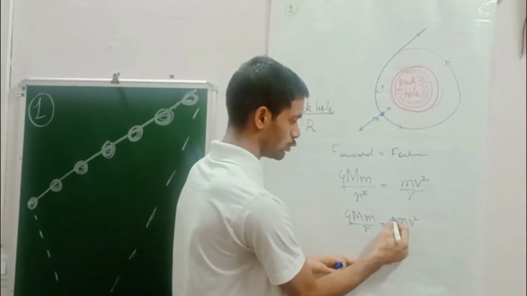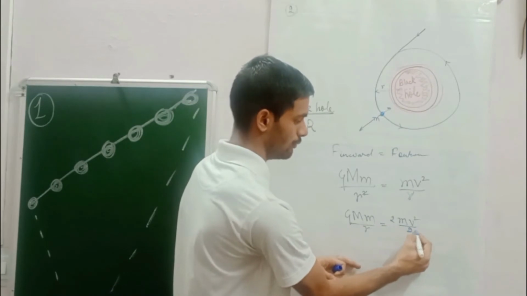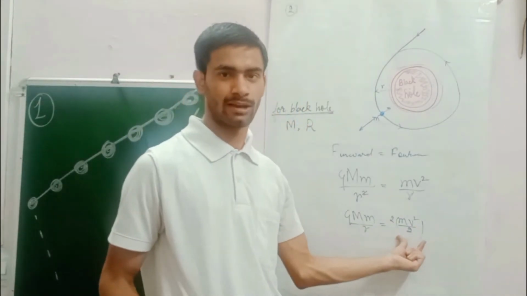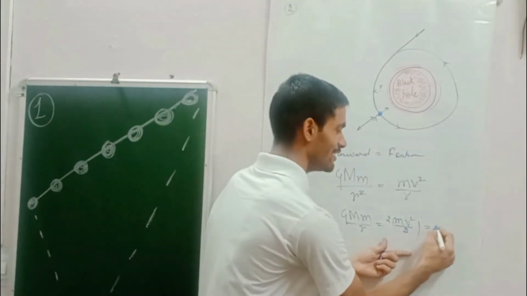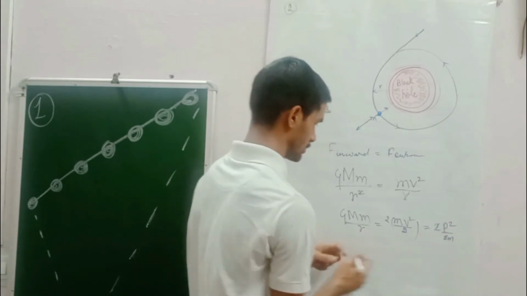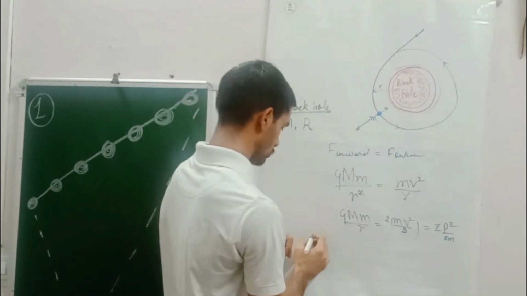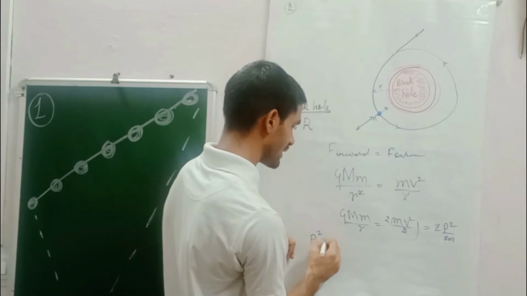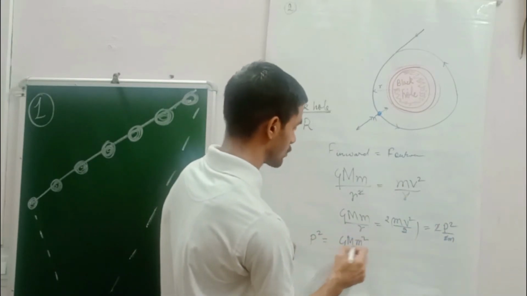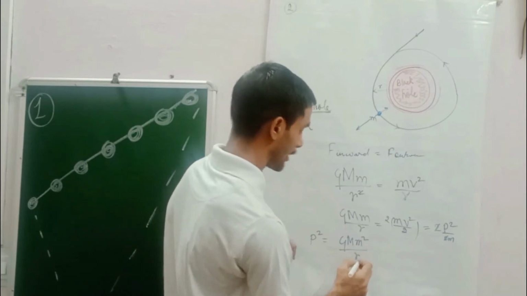So what I can do is multiply and divide by 2. Now this term is kinetic energy. Kinetic energy equals p square upon 2m, which in turn turns out to be cancelled. Therefore p square equals G M m square upon r.